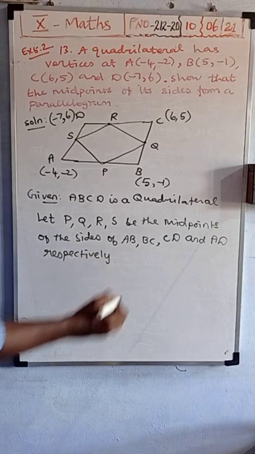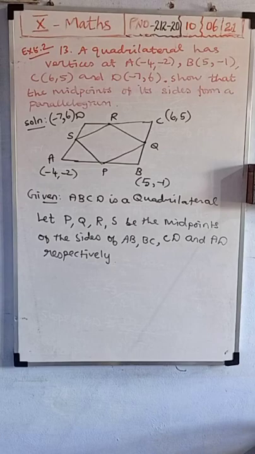Okay, PQRS are the midpoints of the sides AB, BC, CD and AD respectively. This is the points.